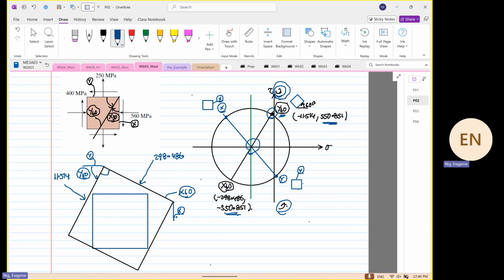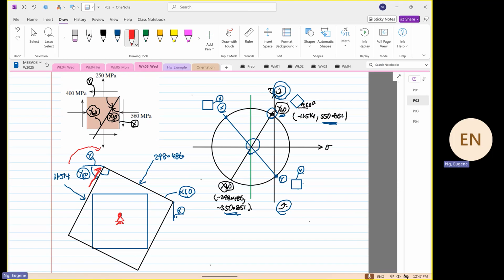Clockwise direction. I repeat again, Y60 is going to generate a clockwise direction. In order to generate a clockwise direction, this force has to be going which way? The shear has to make the element rotate in the clockwise direction if we put a pin in the center. Make sense? We did this last week. Okay, I'm going to do it again.